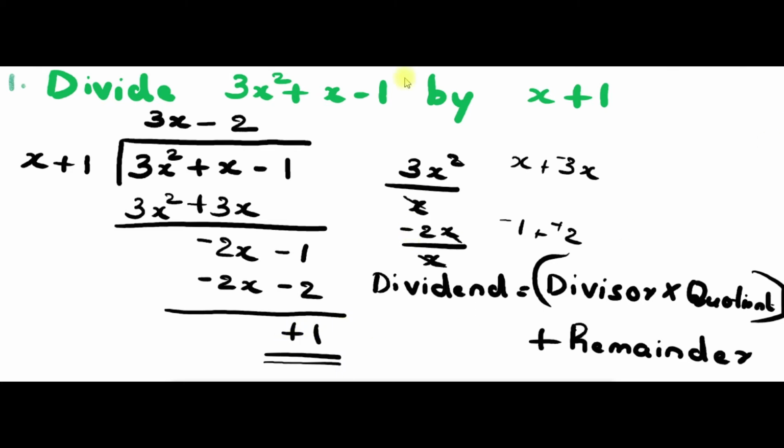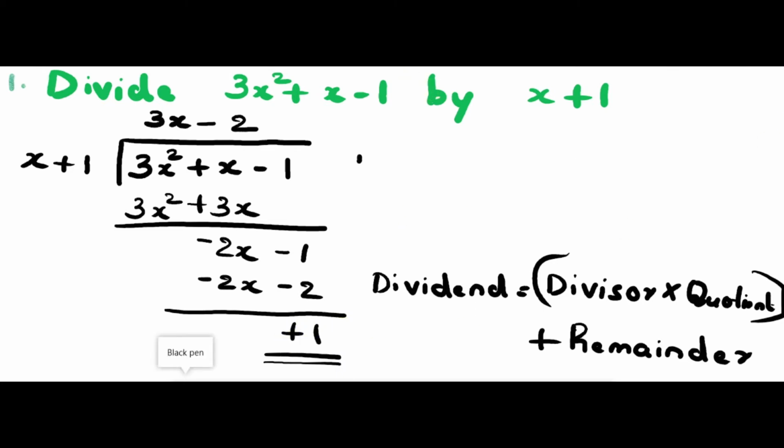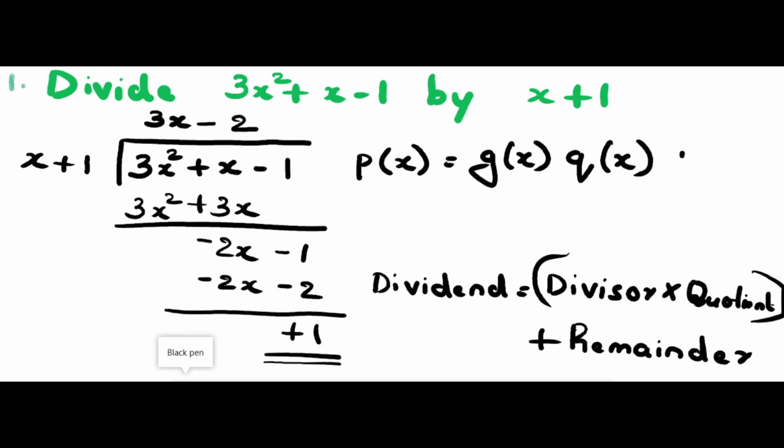This can be denoted as p of x is equal to g of x into q of x plus r of x. P of x is equal to g of x multiplied by q of x plus remainder r of x.